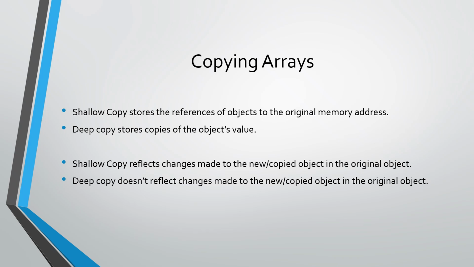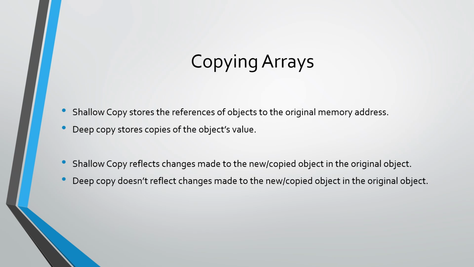The next function is the copy function. We have two types of copying, shallow copy and deep copy. The shallow copy stores references of objects to the original memory address, but deep copy stores copies of the object's values.